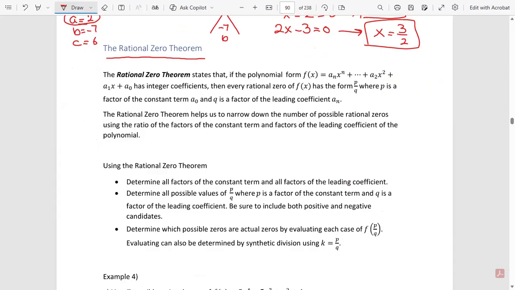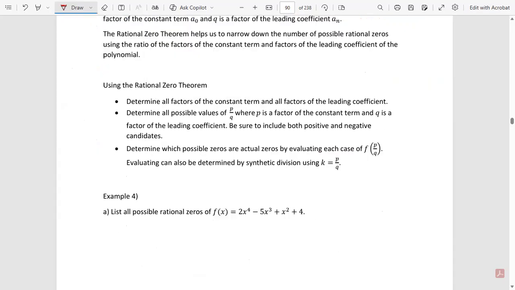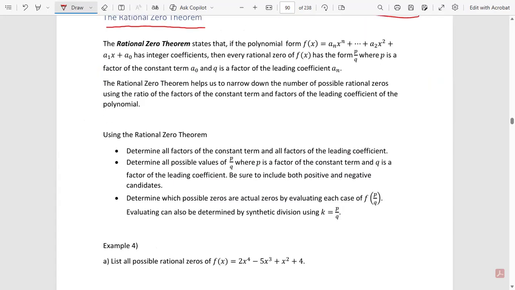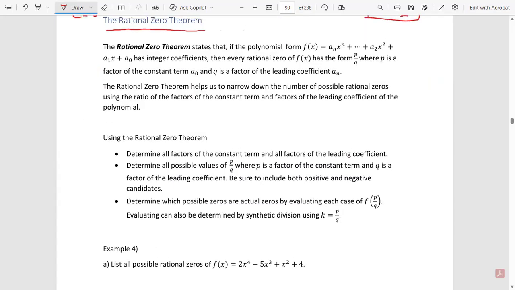How does the rational zero theorem work? So for rational zero theorem, I need to find two values, P and Q. P are all the factors of the constant term. Q, all the factors of the leading coefficient. I only need the constant term and the leading coefficient, and find all of the factors of each of them. Then I need to divide all P's by all Q's.